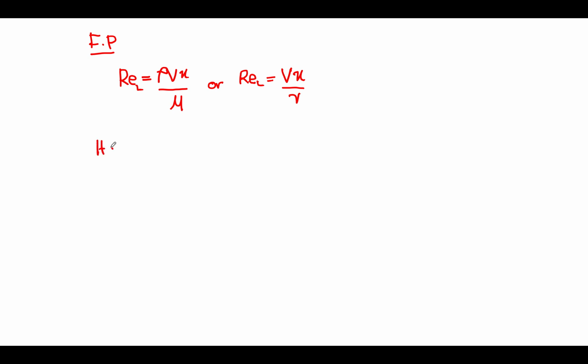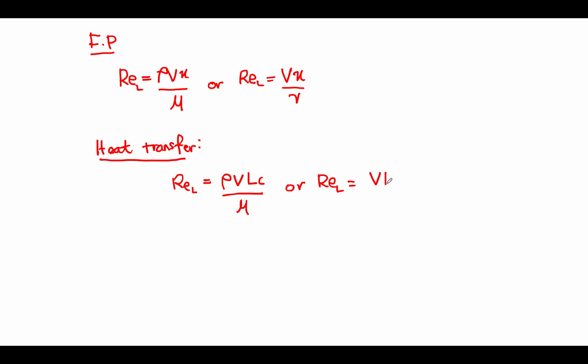In heat transfer, the Reynolds number equation is actually Reynolds number equal to rho V Lc divided by mu, or Reynolds number equal to V times Lc divided by kinematic viscosity, where Lc is the characteristic length.